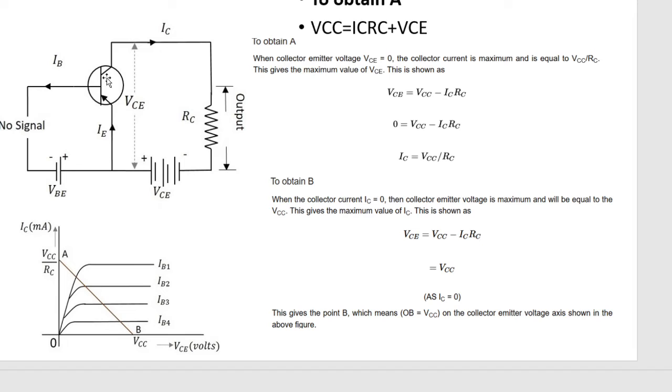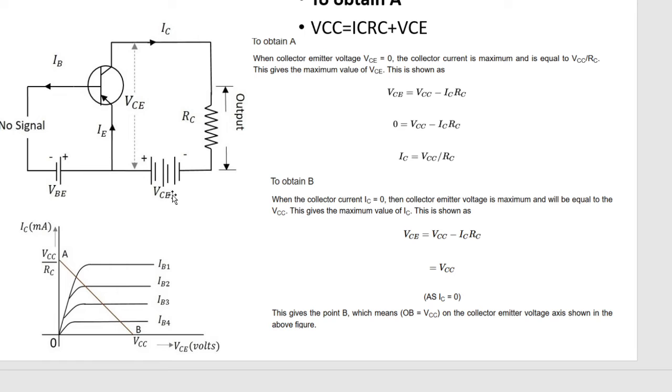So this is a transistor circuit to obtain these characteristics. Here we are applying an external voltage to bias this transistor. VCC is the external voltage applied. There is a correction in this circuit diagram, this must be VCC.